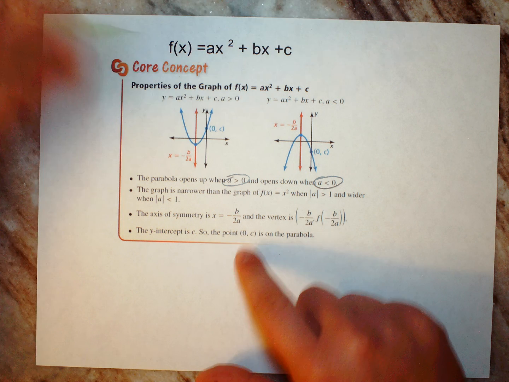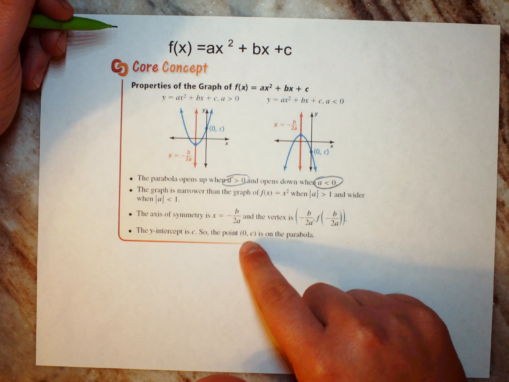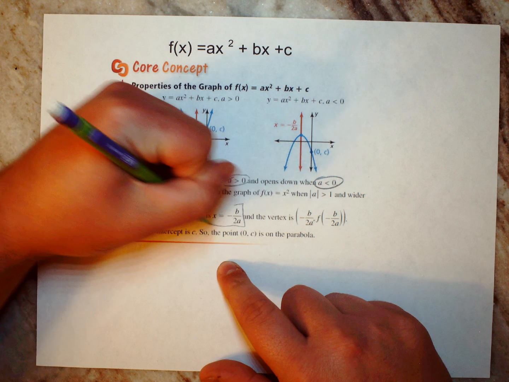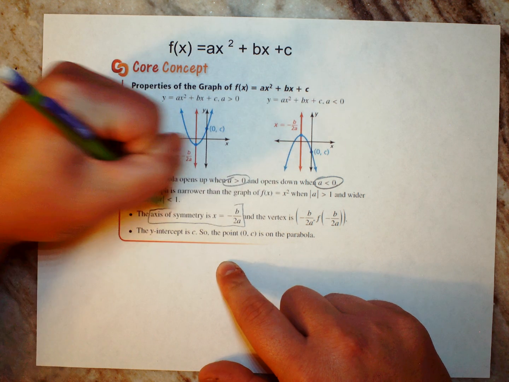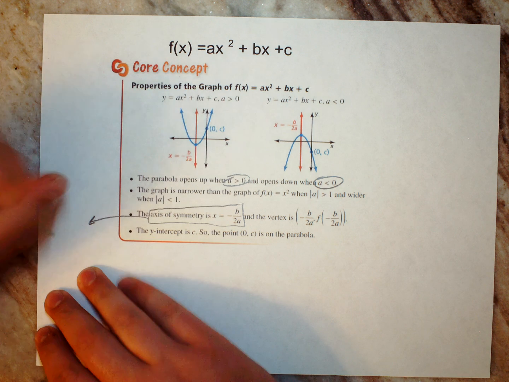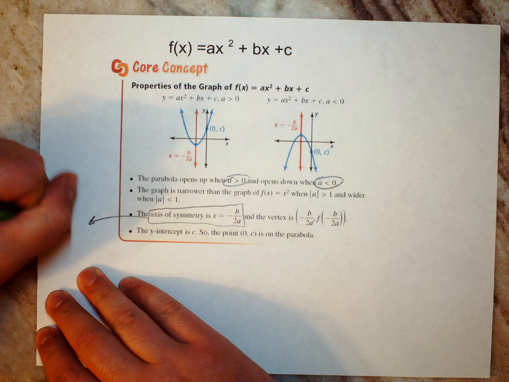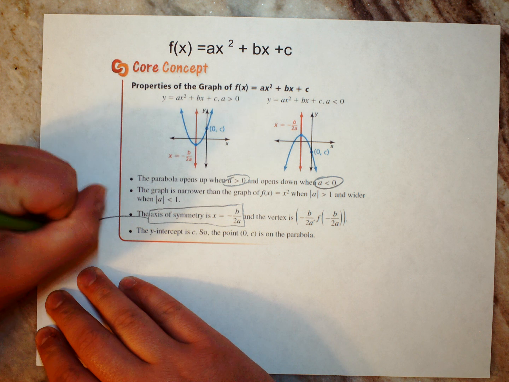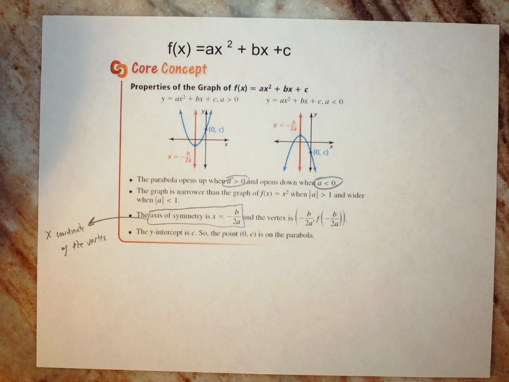Right here, where it says the axis of symmetry is x equals negative b over 2a, you might remember from Algebra 1. That is how we're going to get the axis of symmetry, which you're going to hear me say 1,000 times, is the x coordinate of the vertex.